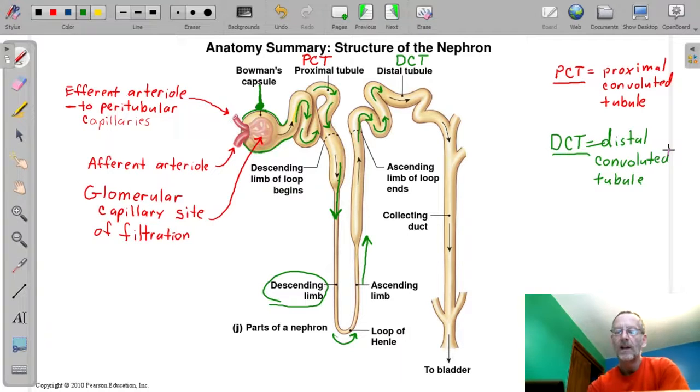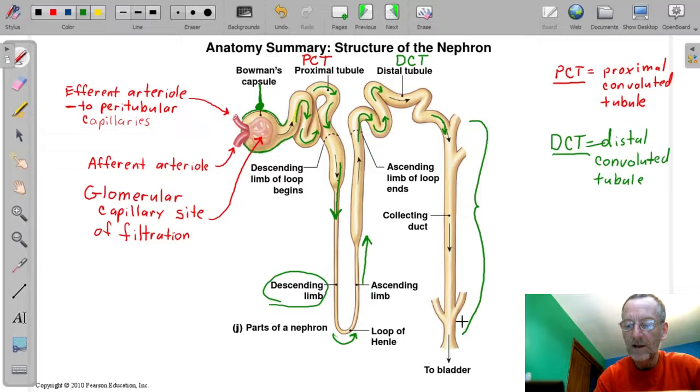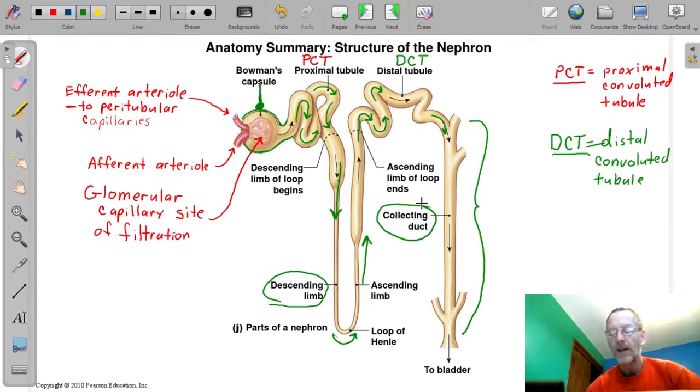Okay, and we'll talk about different functions along the way, and then the filtrate flows into this collecting duct. So this is all the collecting duct. And different parts of this nephron do different things. So that's the intro to the basic anatomy and parts of a nephron.